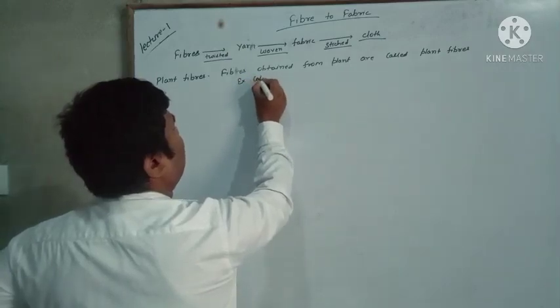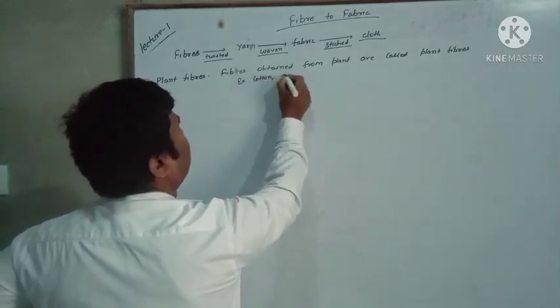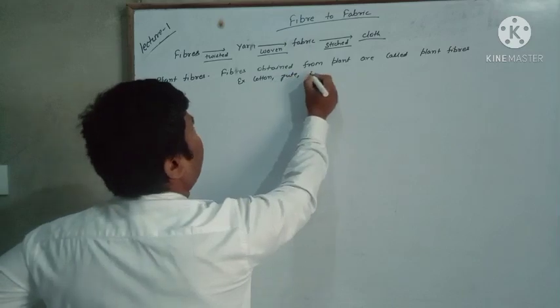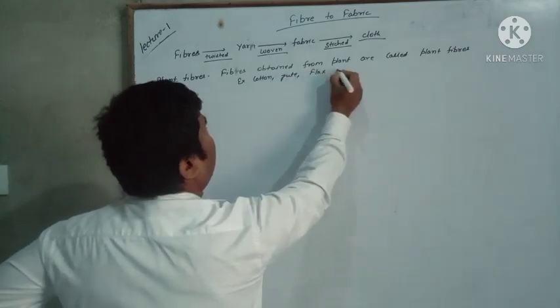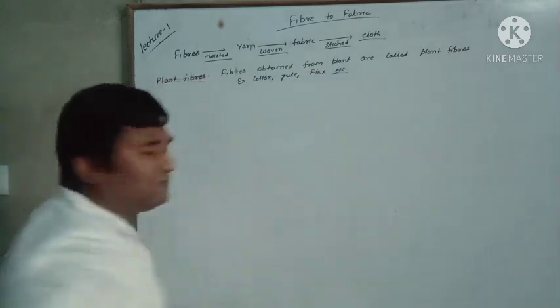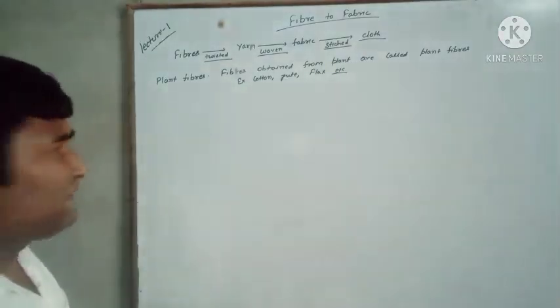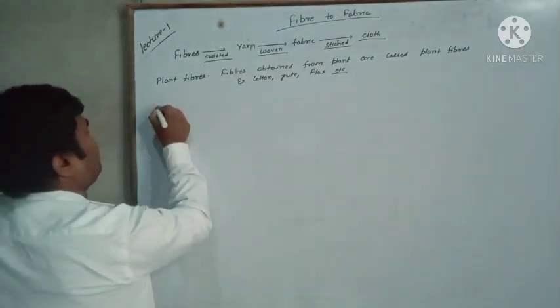Examples: cotton, jute, flax, etc. These are examples of fibers obtained from plants.